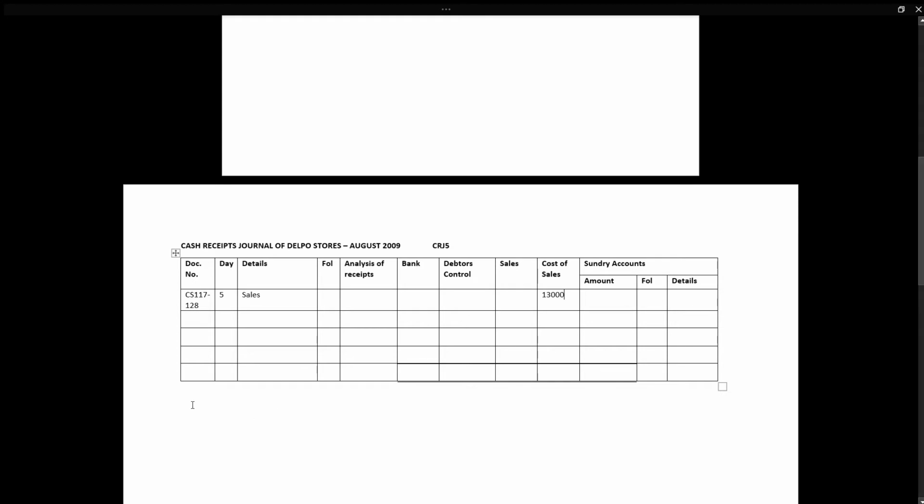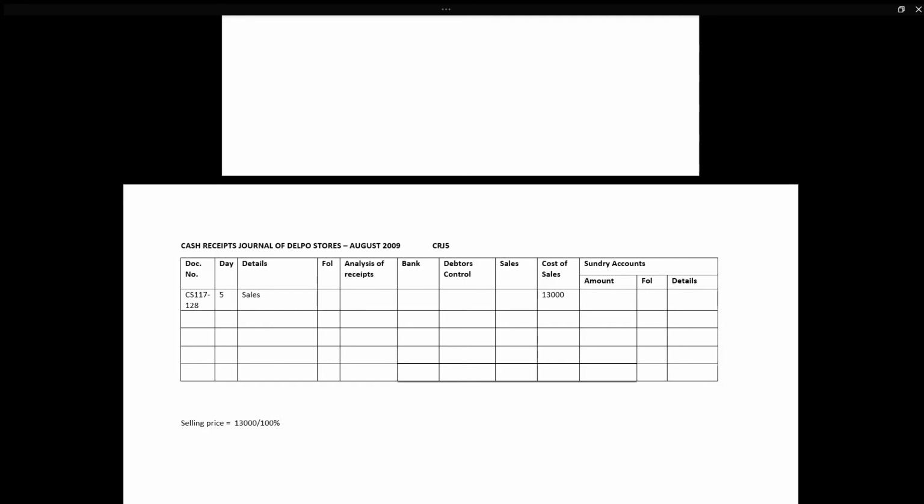So let's quickly calculate selling price. We're going to take 13,000. We are going to divide it by cost price percentage, which is always 100%.